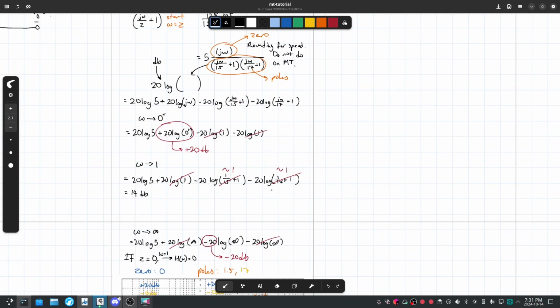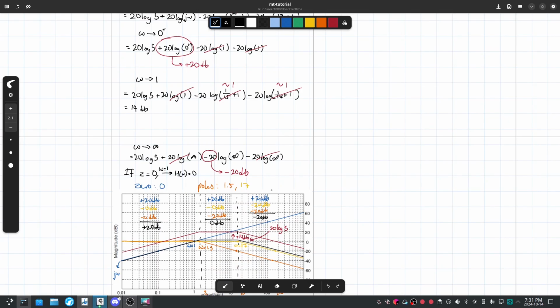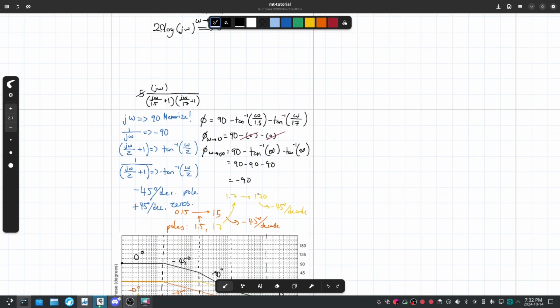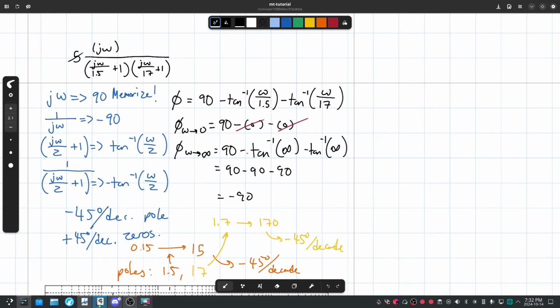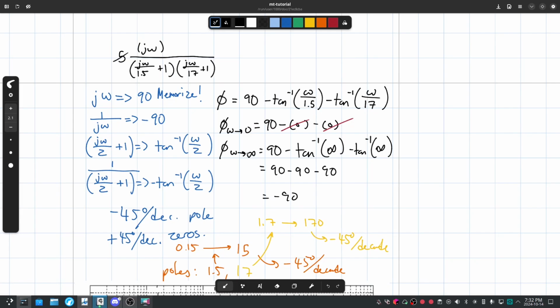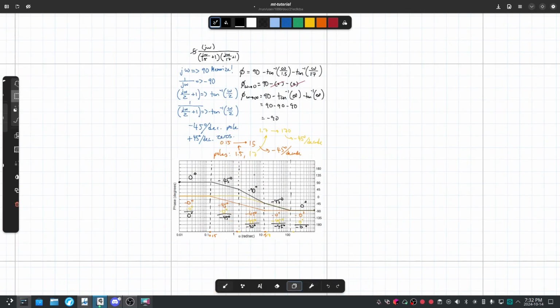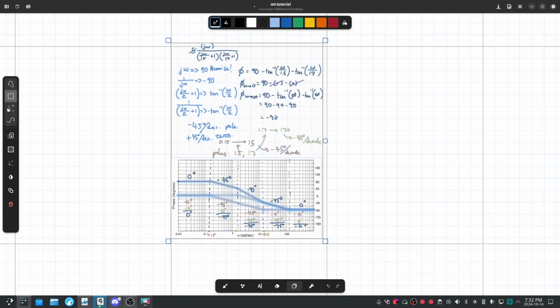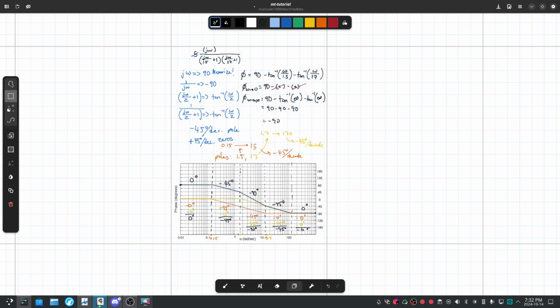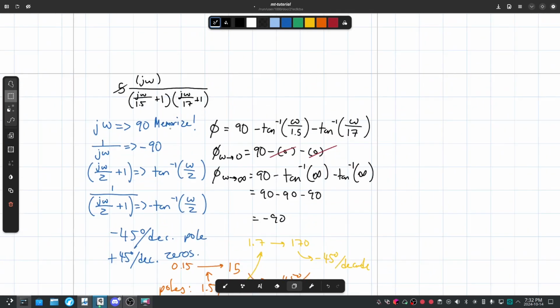So just to make sure, yeah, question. When you wrote the tan inverse stuff, is it always going to be in that format? Correct. Yes. You're just taking this and turning it into that. Let me move that down so it can fit on the same page. So the jw term is always 90, correct.